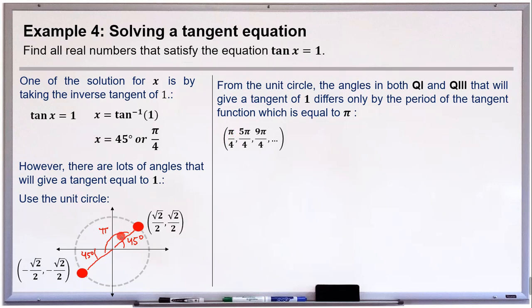And since the difference of these two locations is equal to 180 or pi, so pi over 4 plus pi, that's 5 pi over 4. Next, add again another pi, that will give us 9 pi over 4. And then add again another pi, that will give us the next angle that will still give us a tangent equal to 1. Or you can also do the reverse, starting with the negative, so you can also have this one.